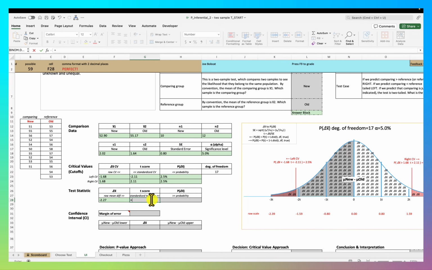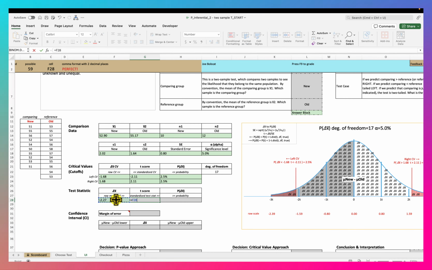And calculate the t-score. Well, let's see what the t-score is going to be. So we're going delta x bar to p of x bar, and t is going to be delta x bar divided by the standard error. So, oops, I messed up already.